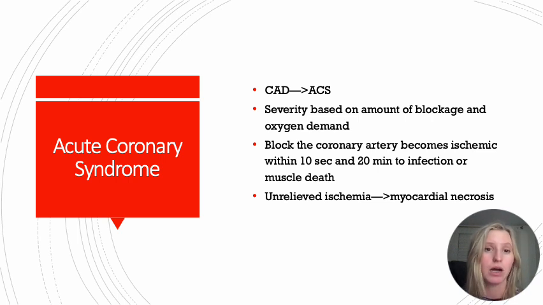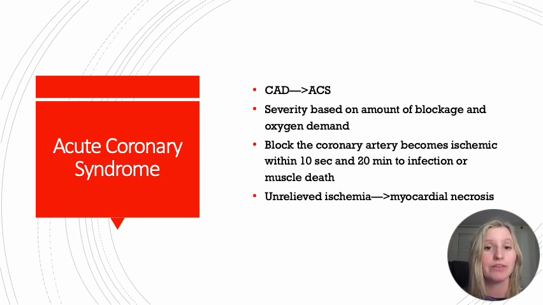So a little patho behind this is obviously our coronary artery disease is going to lead to an acute coronary syndrome. Now, based on the severity of the amount of oxygen lost or blocked, the coronary artery can become ischemic within 10 seconds to 20 minutes. And that can lead to infarction or muscle death.